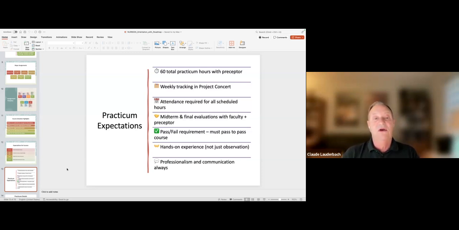But as you get further along, you're going to be involved actually hands-on in quality improvement activities and different things. So we've moved out of the level of just shadowing and watching others do work. And now you'll be actively engaged in it. We can talk more about that if you have questions, but I think it's pretty clear. And then, of course, professionalism and communication always.